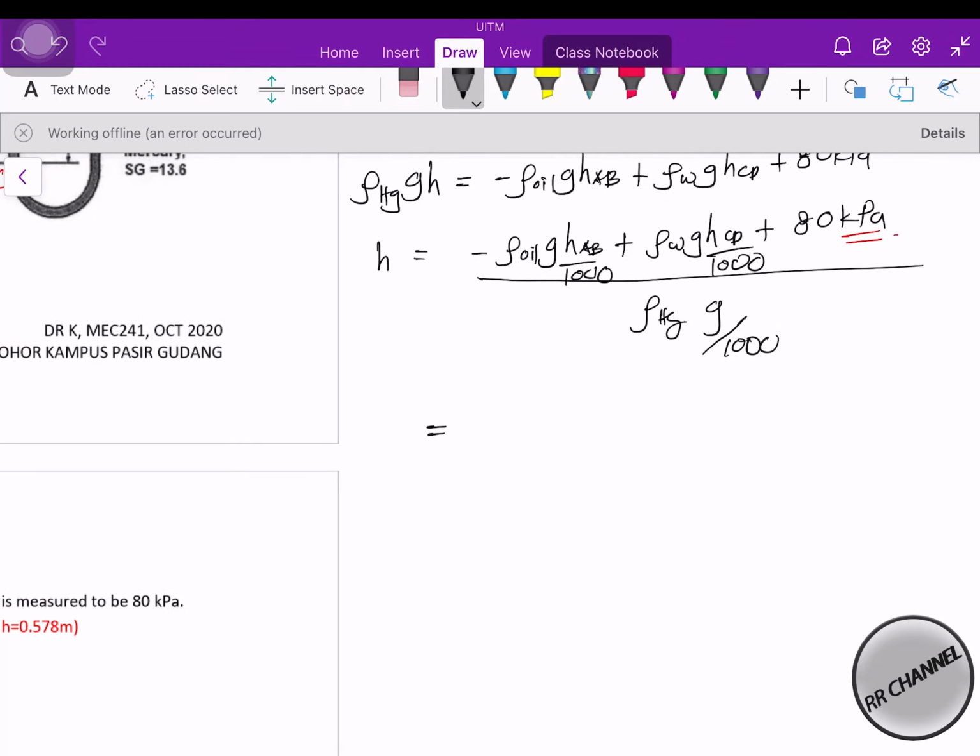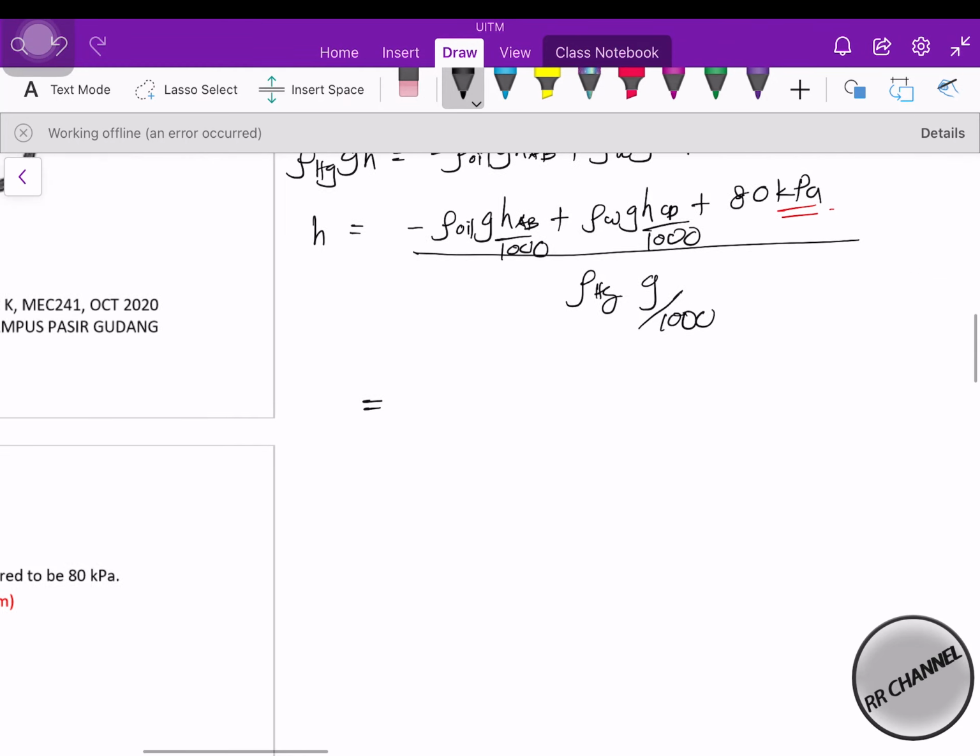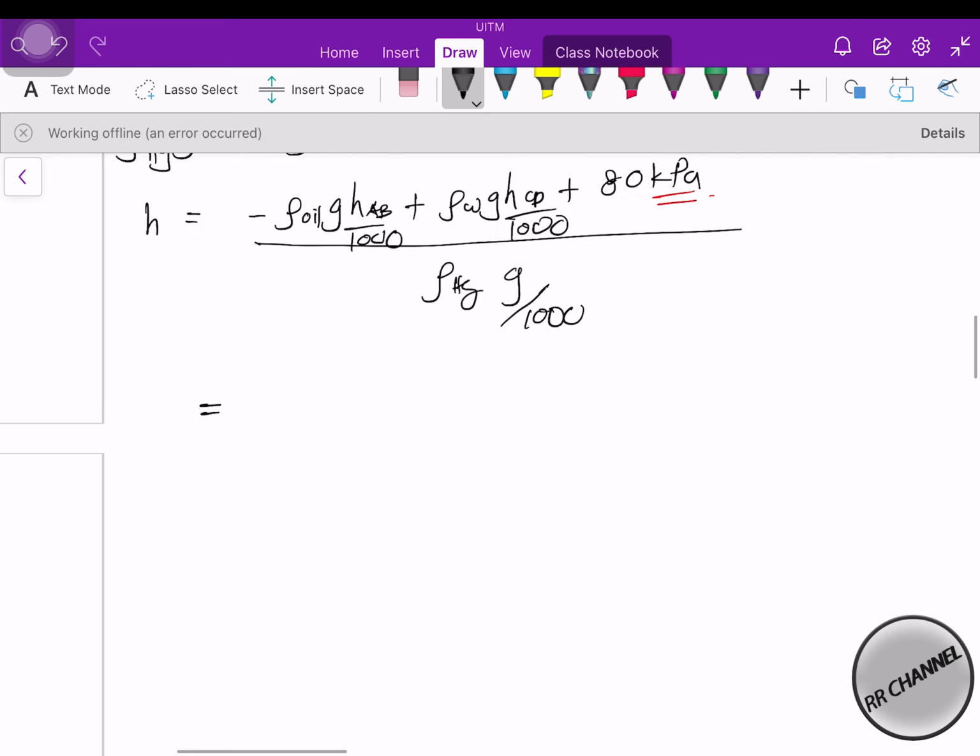Then you can expand it and put in the values for the density. The density for the oil is SG 0.72, so negative 0.72, and then you put your value of 1000 because this is the SG. Then you multiply with g, 9.81.